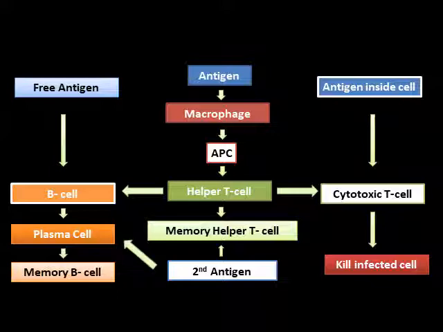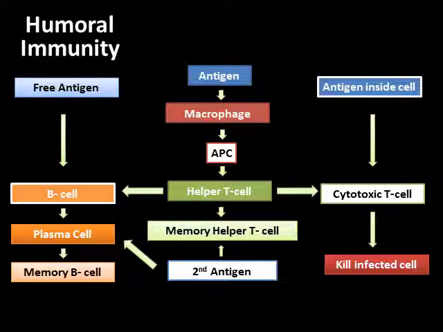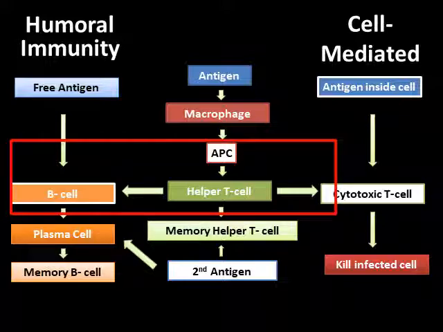Now, on the left side is the humoral mediated immunity, as they are mediated by antibodies, while on the right side is the cell mediated response. Now, let's take a look at this a bit closer.